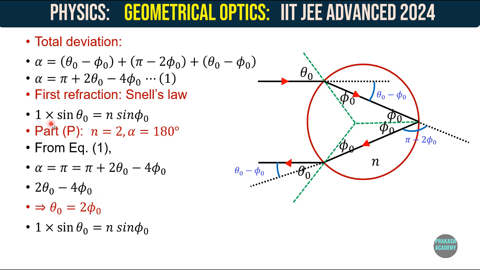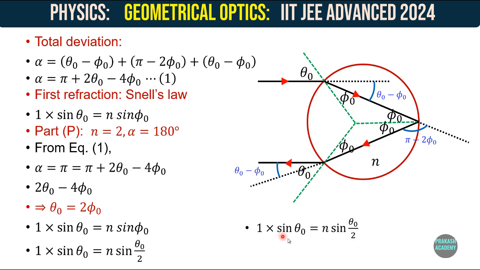Now let us use Snell's law, that is sin theta naught equals n times sin phi naught. Now you can plug the value of phi naught. Phi naught is nothing but theta naught by 2 from this equation. So phi naught equals theta naught by 2. So I will have 1 times sin theta naught, and this equals n times sin theta naught by 2.